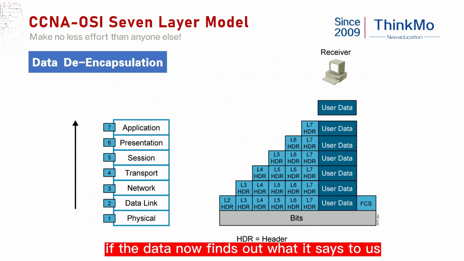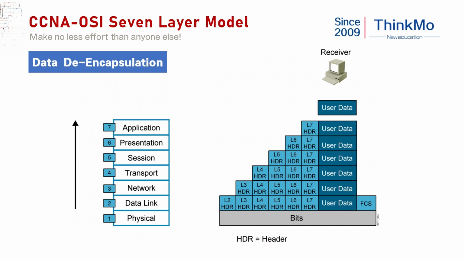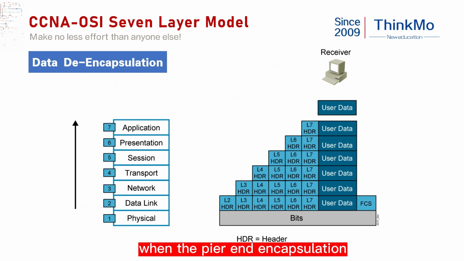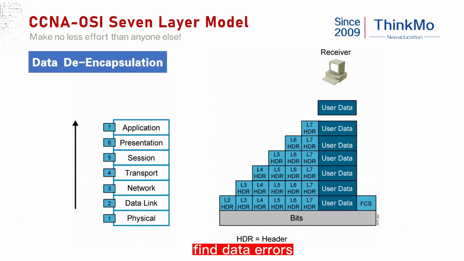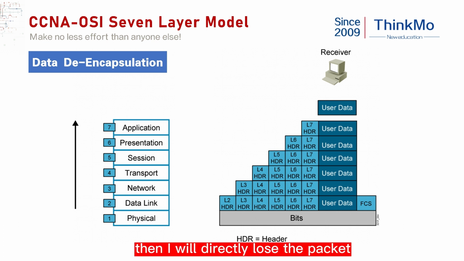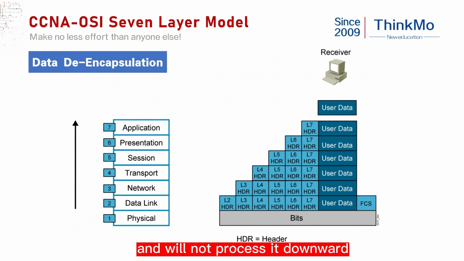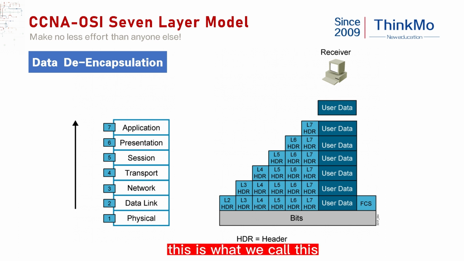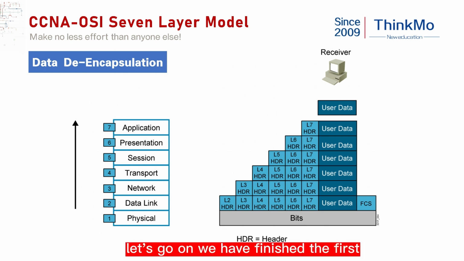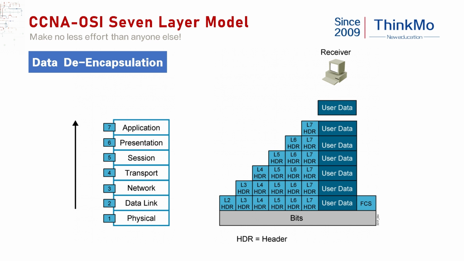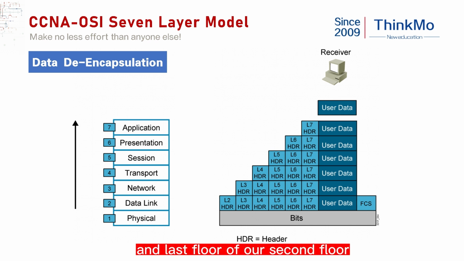If the data reaches the peer, and when unpacking at the second layer the peer finds data errors, then I will directly drop the packet and will not process it further. You must know this. Okay, let's go on. We have finished the header and tail of our second floor.